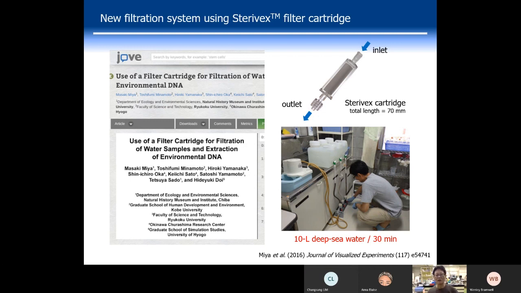So I have developed filtration systems that allow filtering more than 50 liters of water, and we use a Sterivex cartridge for that purpose.